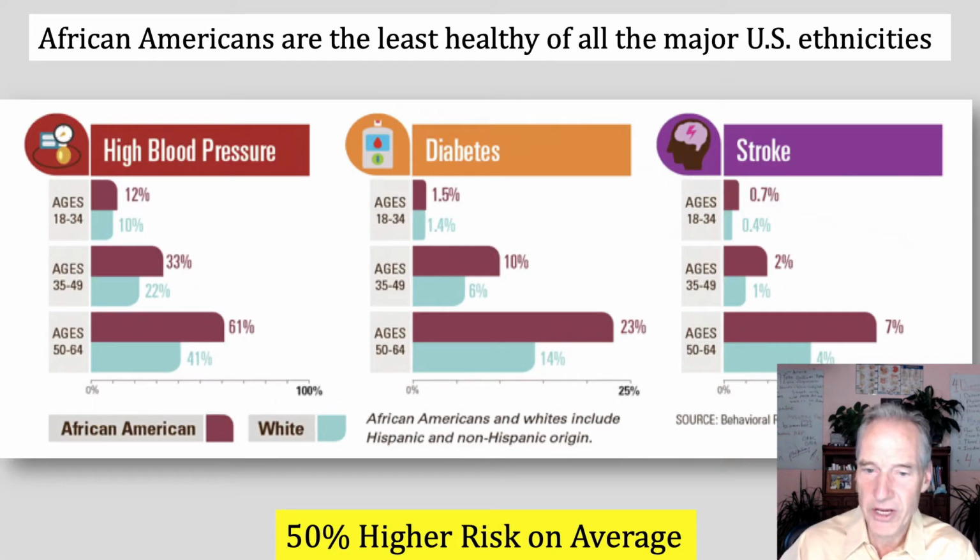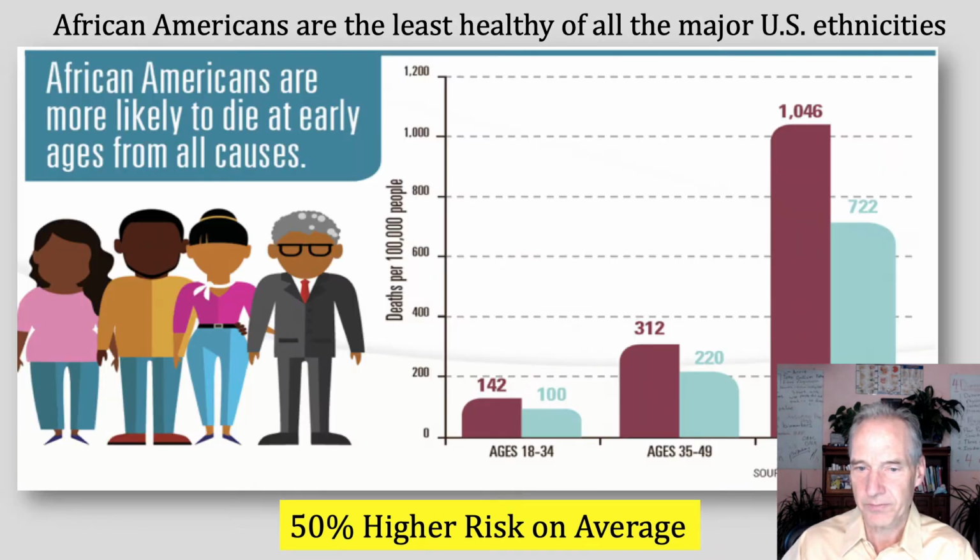The black population is particularly hard hit, whereas African American as a single ethnicity has the worst health on average in America. And basically the statistics show that in every category of chronic disease, the African American population is 50% more susceptible and has 50% more chronic conditions across the board, regardless of age.